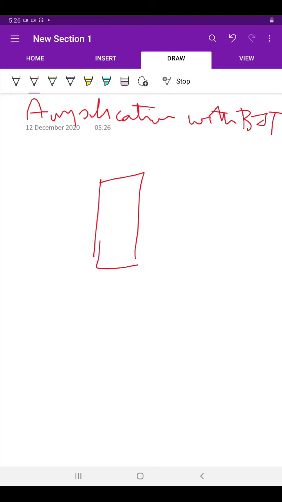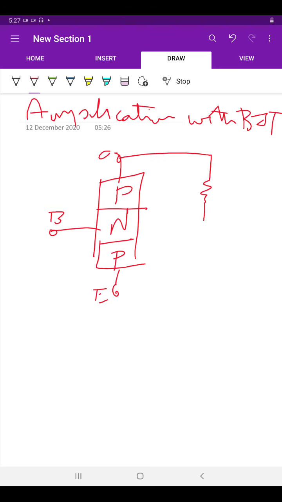We'll take a PNP transistor. So we have a P and an N and then a P, a PNP transistor. So we have the collector terminal over here, the emitter terminal over here, and the base terminal. So this is connected to a resistor and then to a source.